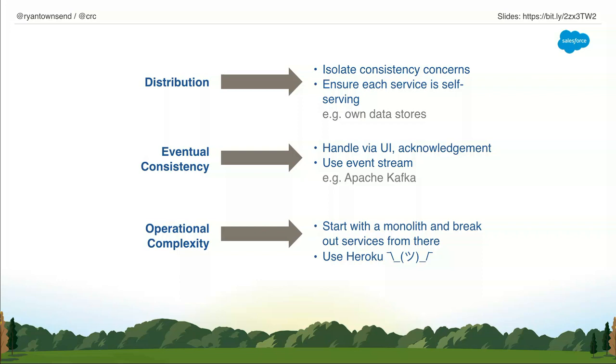And then I mentioned briefly operational complexity, right? So start with that monolith, push it as far as it can go, and then start breaking out services. Don't try to convert it completely over to a microservice architecture. And then also, depend on the expertise of Heroku and think about that opportunity cost of where you're spending money on developer time.